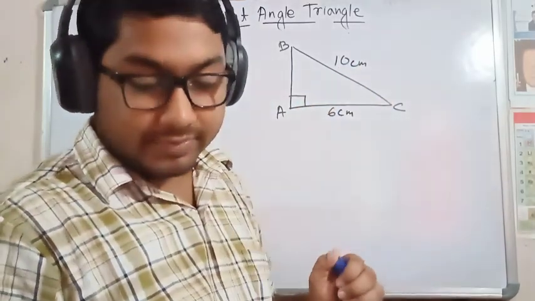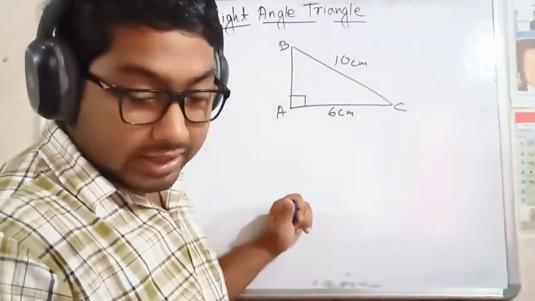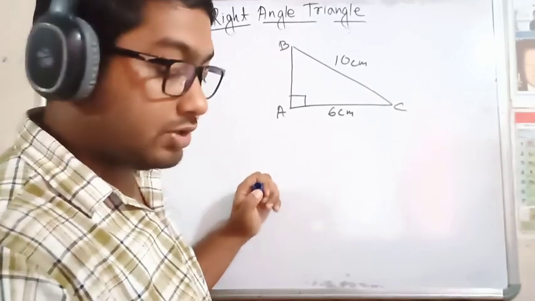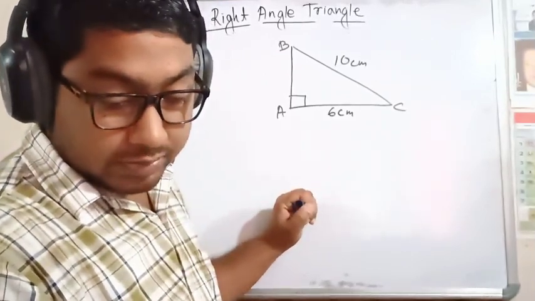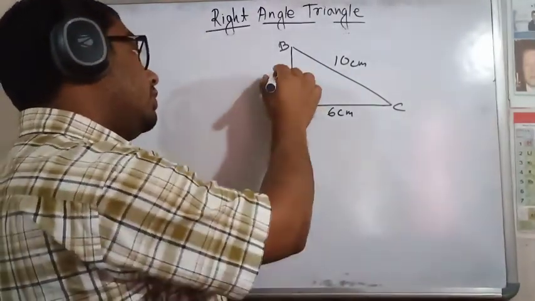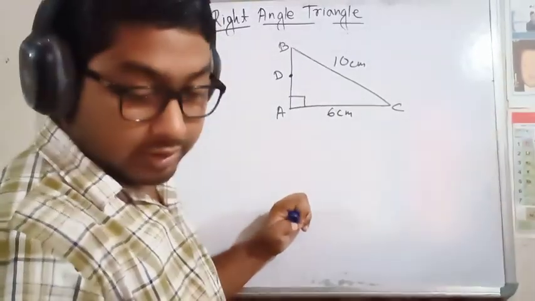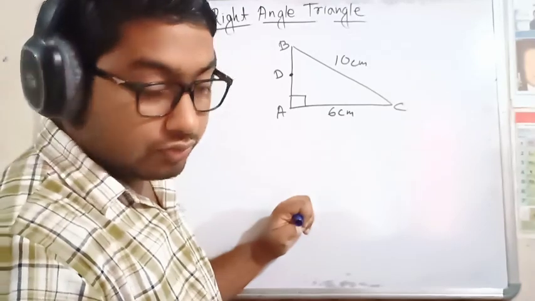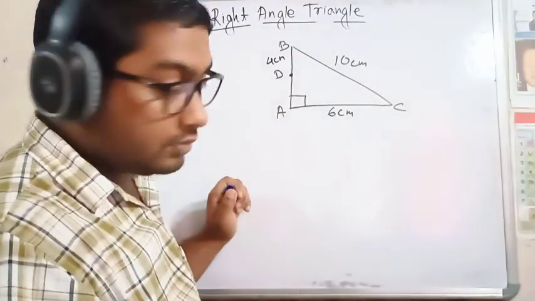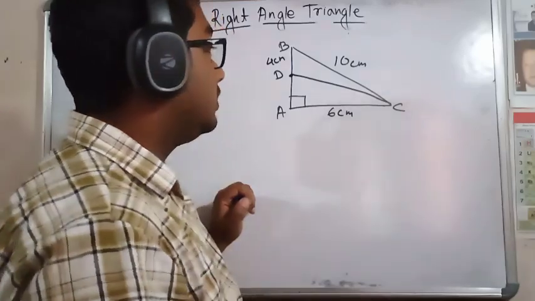D is a point on AB such that BD is equal to 4 centimeter. So what is the length of CD?